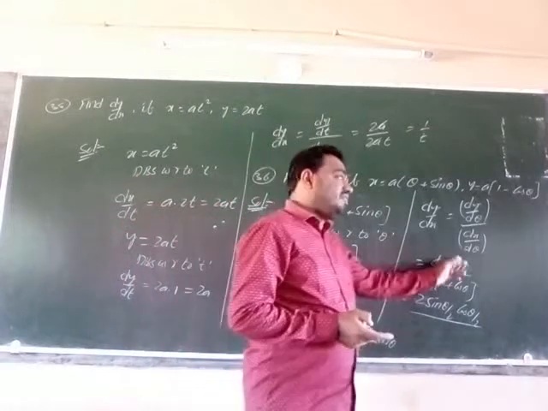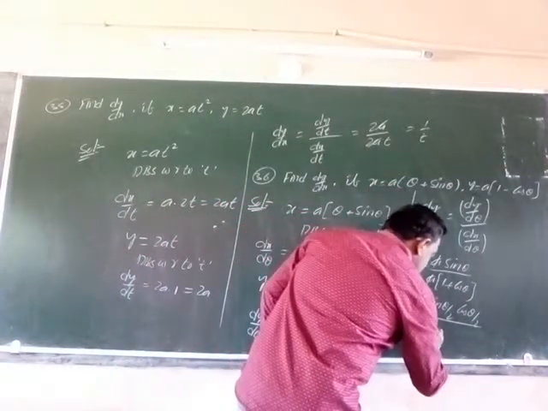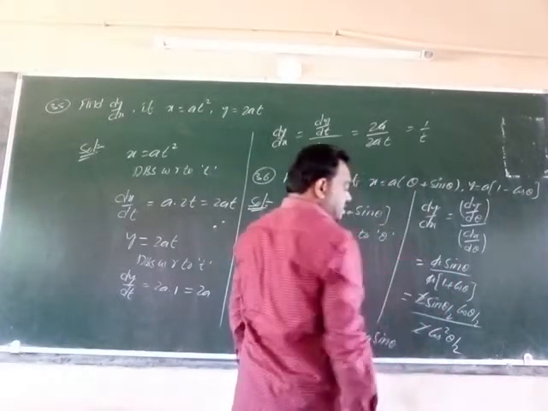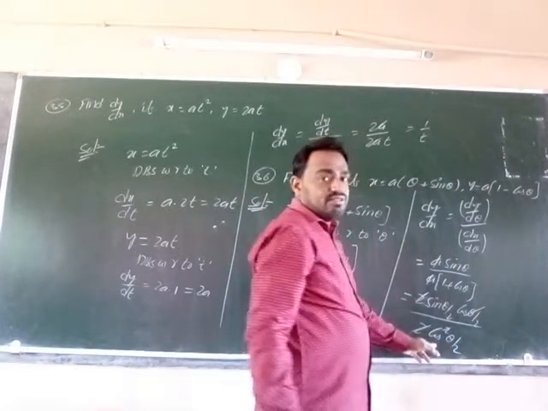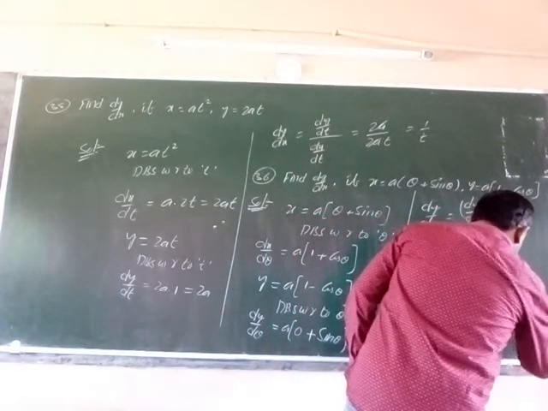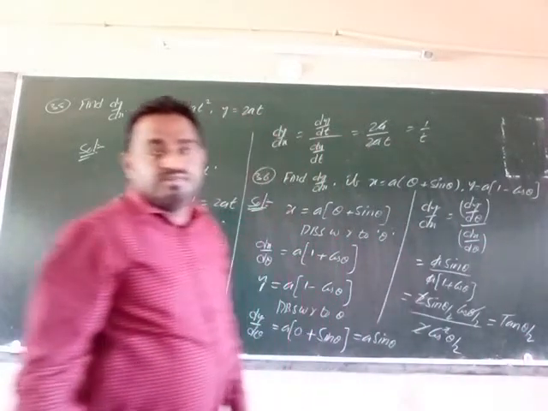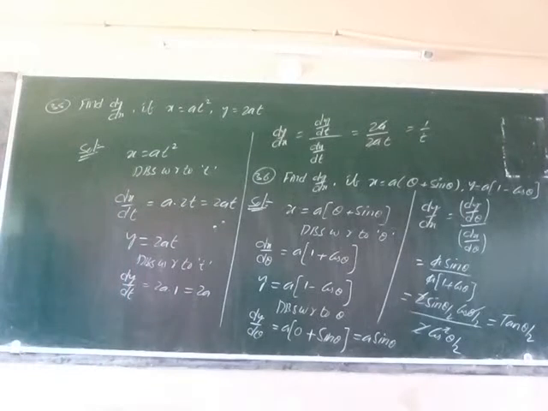Here the angle is half of the angle, so we get 2 cos square theta by 2. The 2 cancels and one cos theta by 2 cancels, leaving sin theta by 2 over cos theta by 2, which equals tan theta by 2. This is the answer: tan theta by 2.